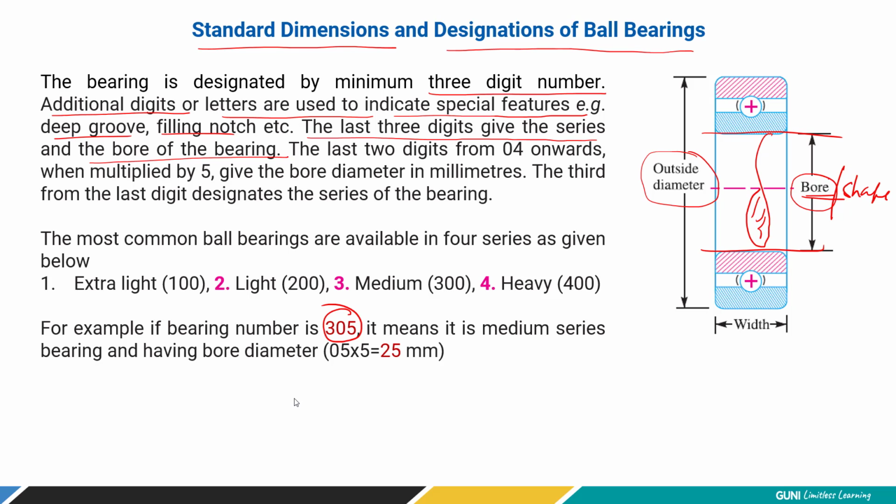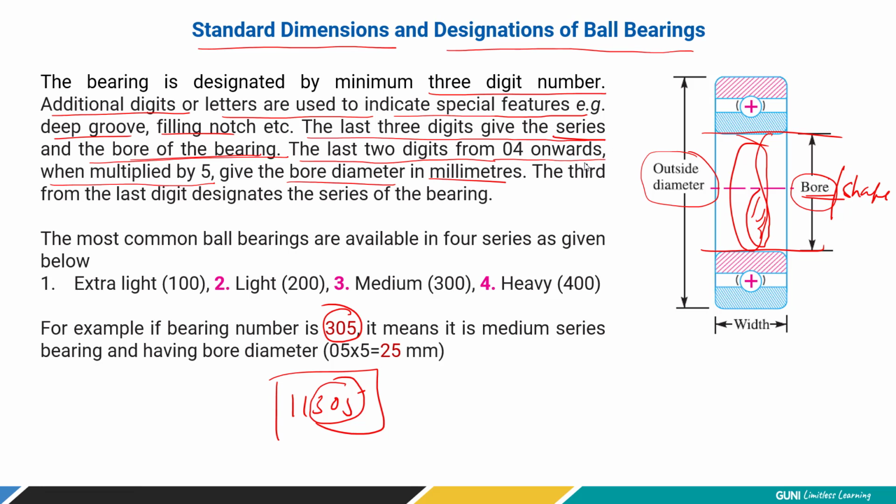They give you the information about the series and the bore of the bearing. Bore of the bearing means the inner race diameter, or the shaft that is going to fit on it, right? The last 2 digits from 04 onwards, when multiplied by 5, give the bore diameter in millimeters.